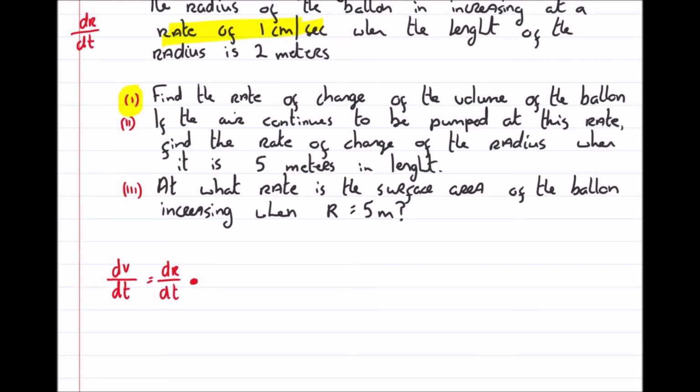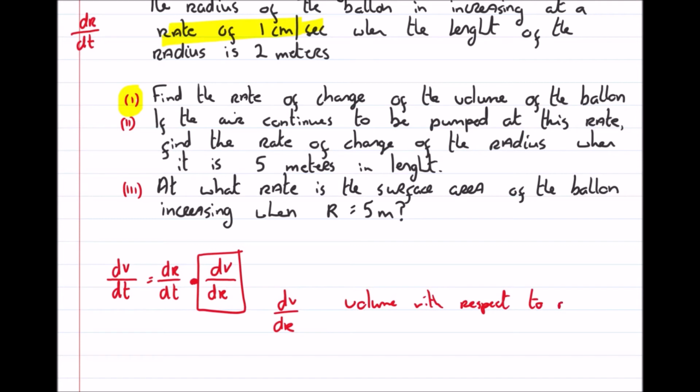What we have to put in there then is dV, that'll take care of this dV, over dr. So we want dV/dr, which is the rate of change of volume with respect to radius.